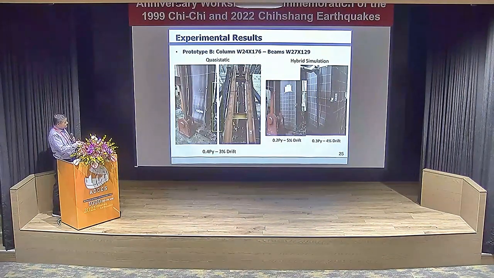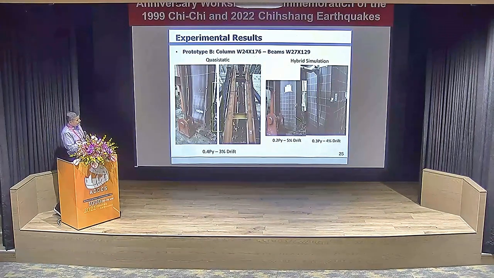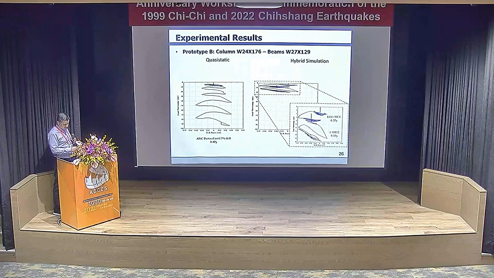And I think Professor Wong actually showed a clear image of this column here. You see the local buckling effect going on there, the global buckling of the column in the specimen. And in the hybrid simulations, we saw very little damage in the columns.